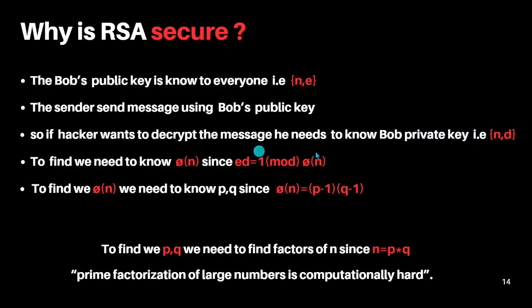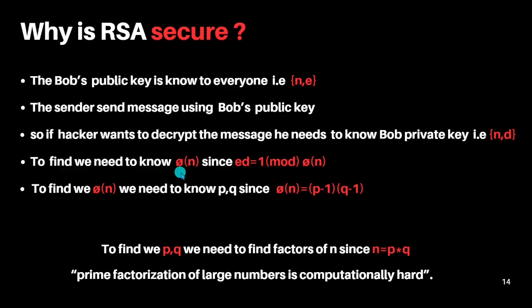If he needs to know the private key, then he needs to find phi of n, because ed is 1 mod phi of n. So if the hacker knows the value e, and wants to know the value d, he needs to know the value phi of n.